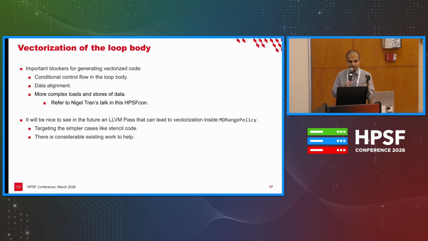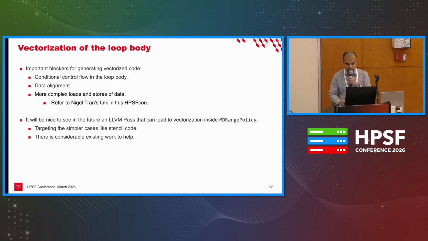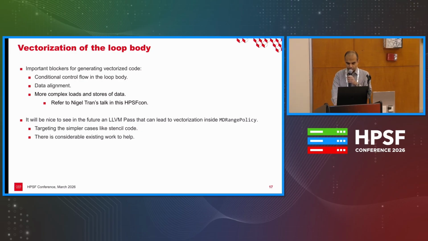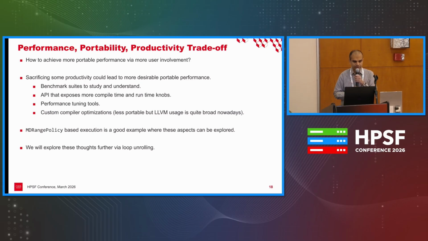So generating vectorized code for the user-defined function is not so easy, but at the same time, there are many straightforward cases which can be vectorized, I feel, and it could be a good project, probably for a master's student. There is also considerable existing work from the loop optimization community in the compiler literature, which can help.